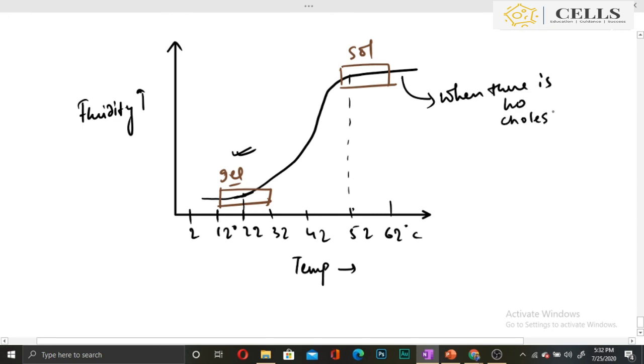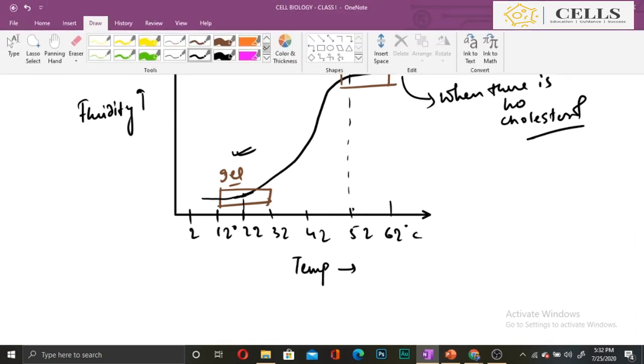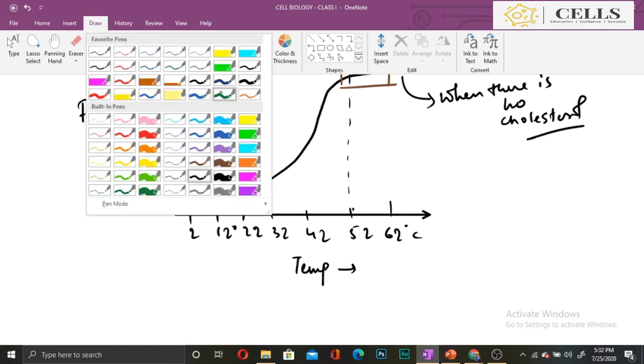So what will be the fluidity versus temperature graph if there is cholesterol? See this very carefully. They will actually abolish the transition and they will try to maintain it in a similar phase, though there is a change in the temperature. But after a lot of change, they can't do anything.